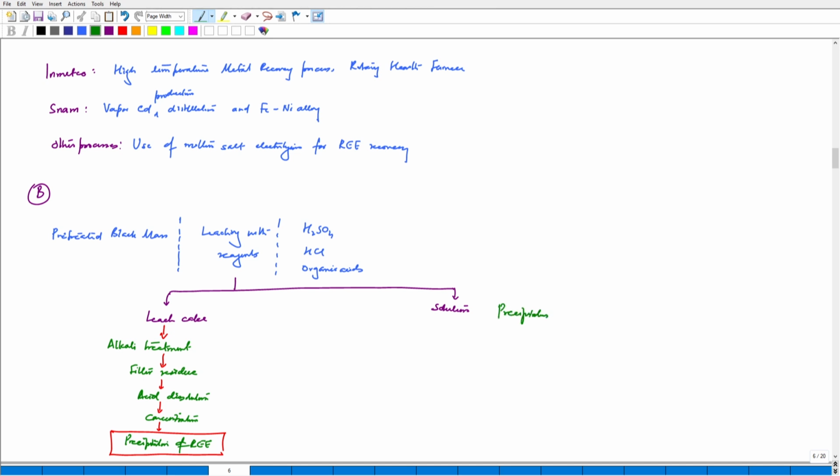precipitation, ion exchange, cementation, we all know this, solvent extraction, and finally what we get out of these processes, electrode deposition of nickel and cadmium. We get metal compounds.